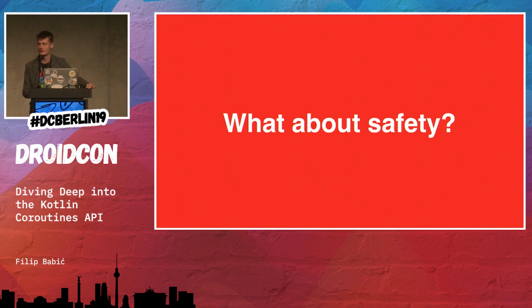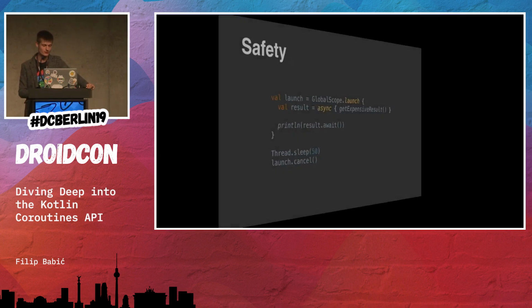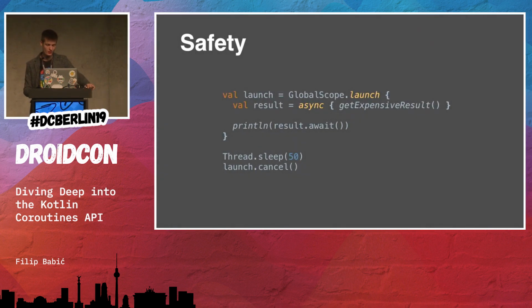So what about safety? All this looks really good and maybe too good to be true. But what about safety in coroutines? So what happens here if we launch an expensive result function within an async block, we await the result, suspending the entire coroutine. We sleep for a bit so the actual request starts going, and then we try to cancel the coroutine. Usually, you'd think that the expensive result function will have to be executed completely before canceling, but that's not the case.